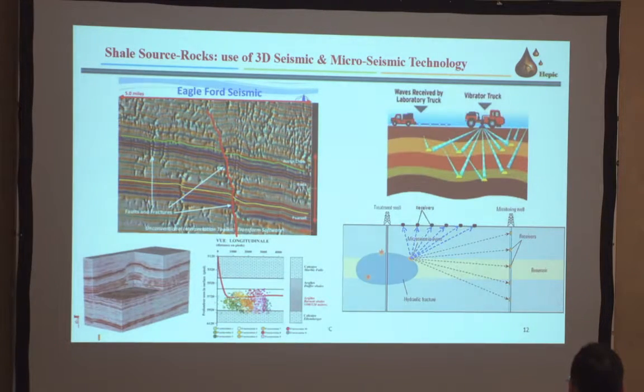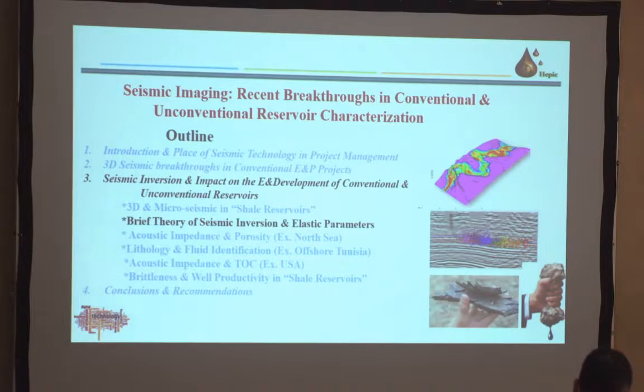So this is very important to monitor what you are doing, first of all to stay away from large faults so as not to rejuvenate them when you fracture the formation, but also to pinpoint exactly where you have done a good job.